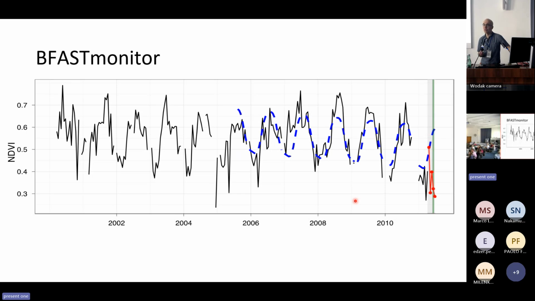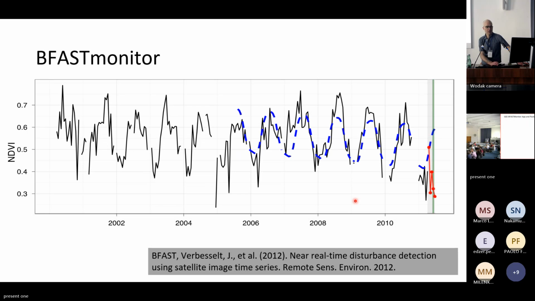That's what we apply via R or Python. It's a simplified version of BFAST, just looking at change at the end of a time series, but you can apply that to detect disturbances in near real time. That was a later publication in 2012 in Remote Sensing of Environment, Near Real-Time Disturbance Detection.